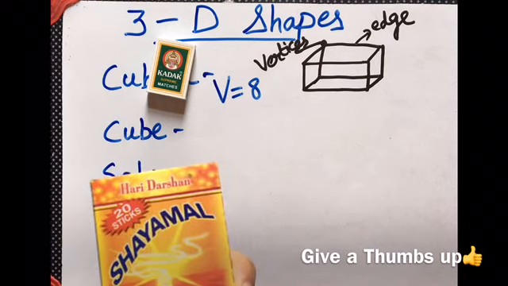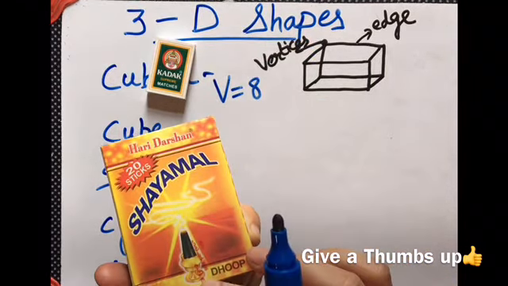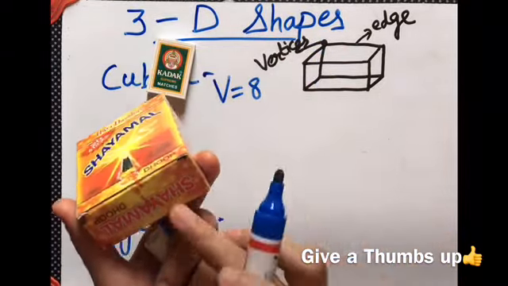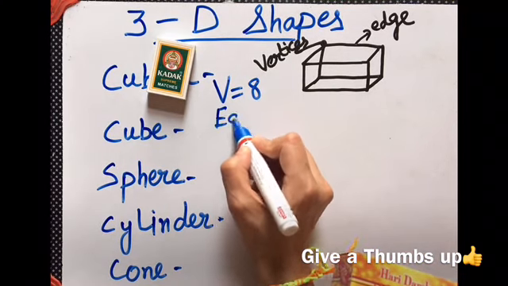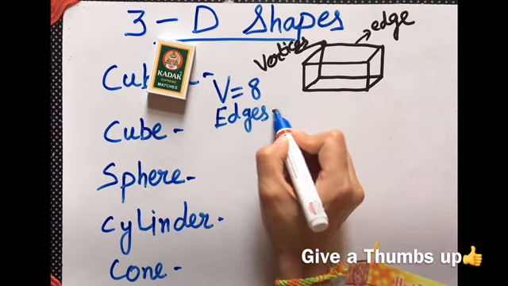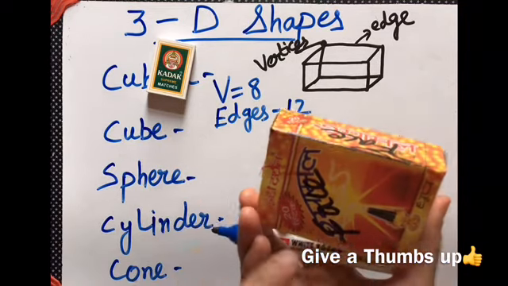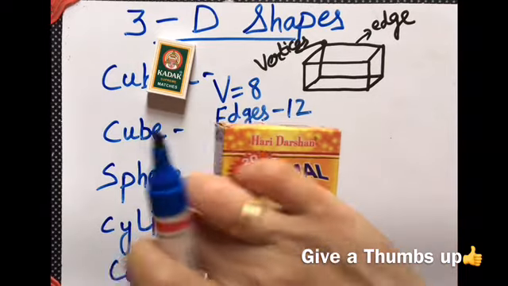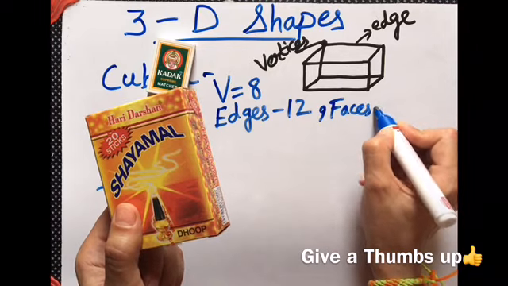Now comes the edges, 1, 2, 3 and 4, then 5, 6, 7, 8, 9, 10, 11 and 12. So how many edges does it have? It has 12 edges. What is left? Faces. So now faces 1, 2, 3, 4, 5 and 6. So it has 6 faces.